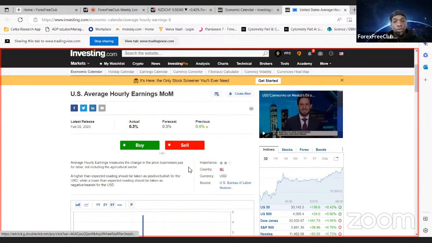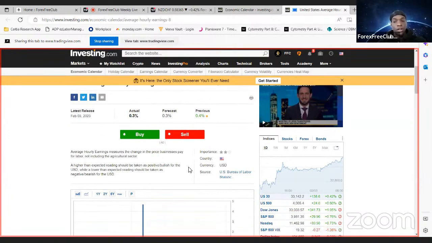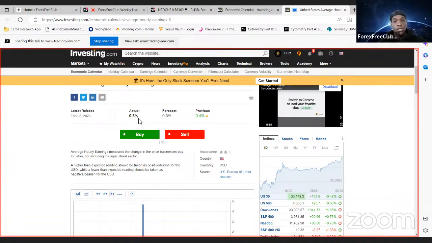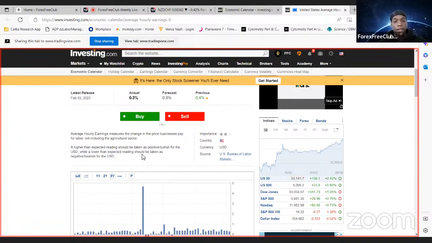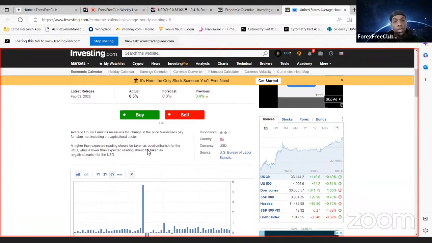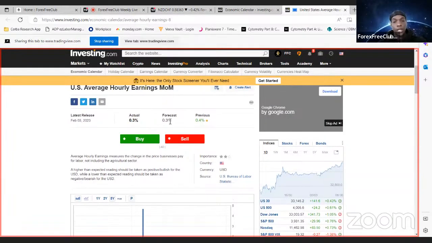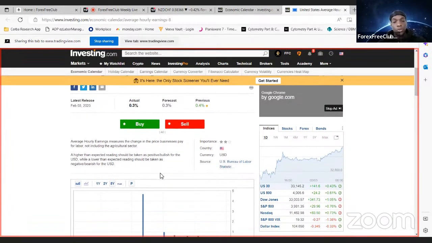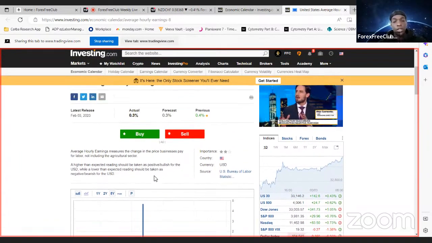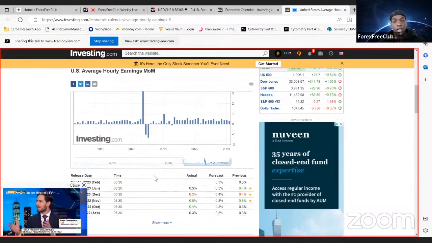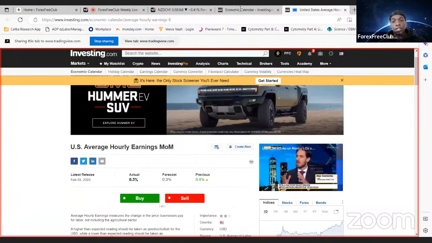Previous 0.4, the latest release was February the 3rd. So last month it came out at 0.3. They're forecasting 0.3, and higher than expected is positive. So we'll wait to see if it's going to be higher than 0.3, which would be bullish for the US dollar, or less than 0.3, which would be negative for the US dollar. So we'll wait for that to come out next week.